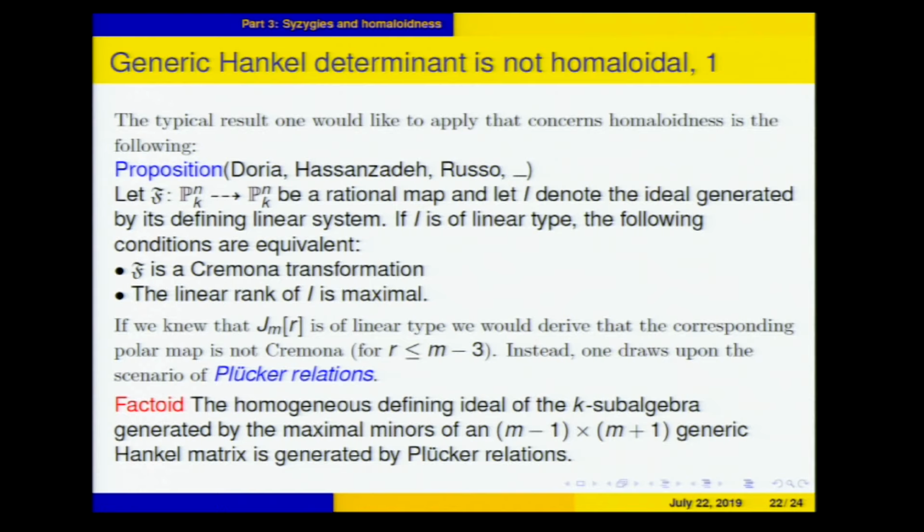Remember that we can always translate any question to maximal minors. So this is generated by Plucker relations. The homogeneous defining ideal is generated by Plucker relations.